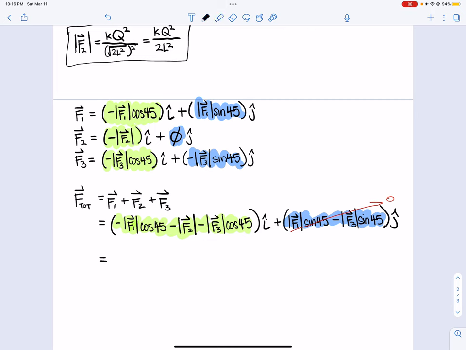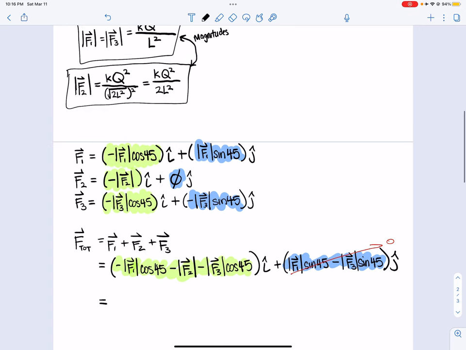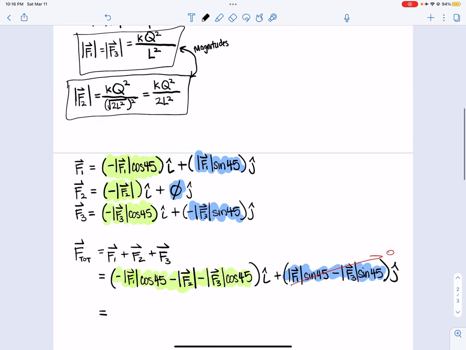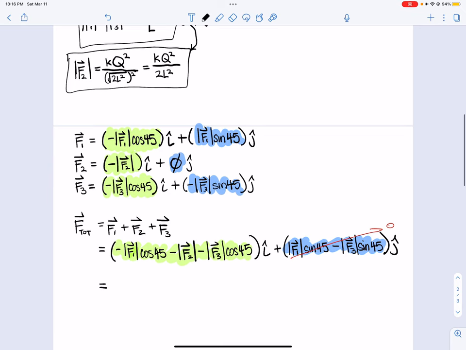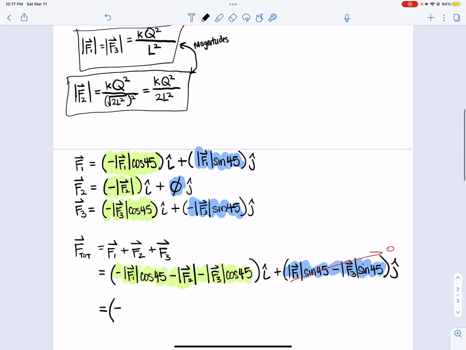So now let's just plug in our values for the magnitude of F1, F2, and F3, right? So here we get negative magnitude of F1, which we found up here to be kq squared over L squared. So negative kq squared over L squared, times cosine of 45, which is just the square root of 2 over 2.